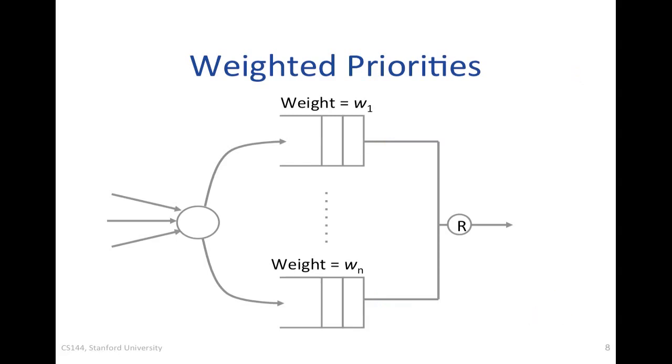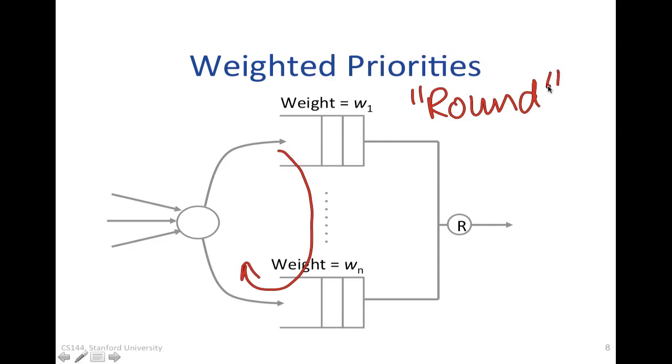If all the packets were of the same length, this would actually be pretty easy. We would simply visit each of the queues in turn, and we will call that a round. So one round is when we visited all of the queues in turn. And then we would send w sub i units, so they could be bits or complete packets, from each queue in each round.